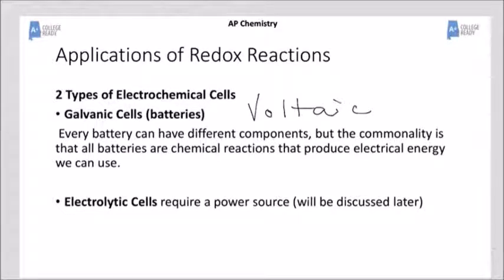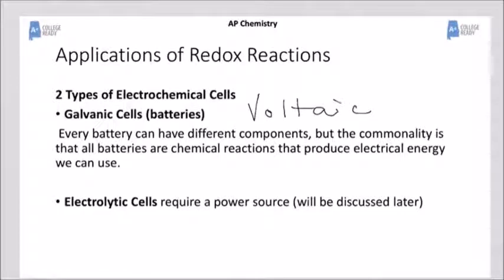Like your car battery is considered a wet cell battery, very different from dry cell batteries like AA, AAA, those kind of things. But no matter what their components are, they all have in common that they're chemical reactions that produce electrical energy we're using to do some work for us.